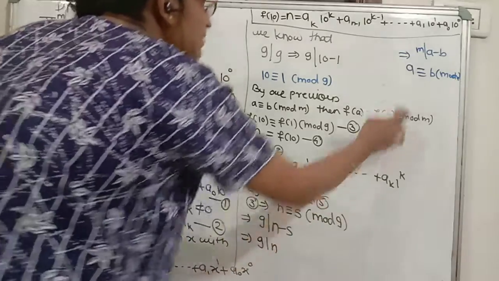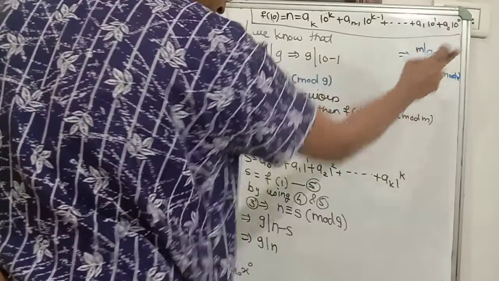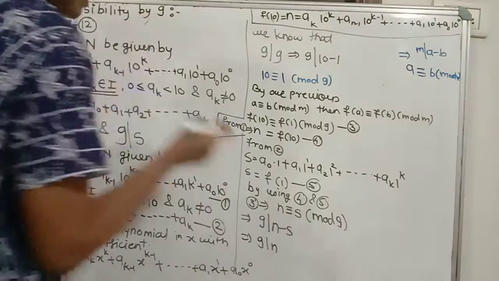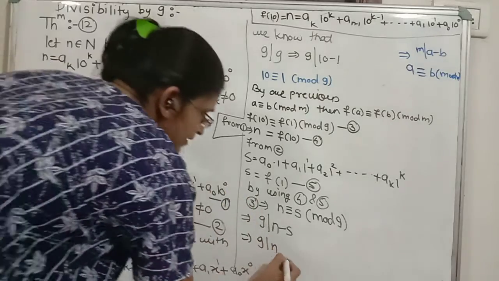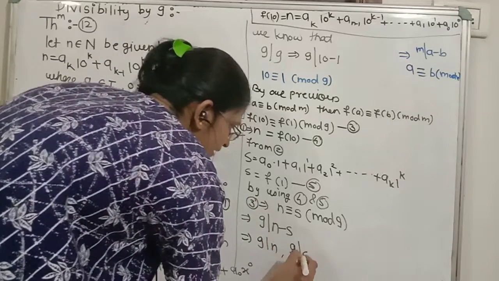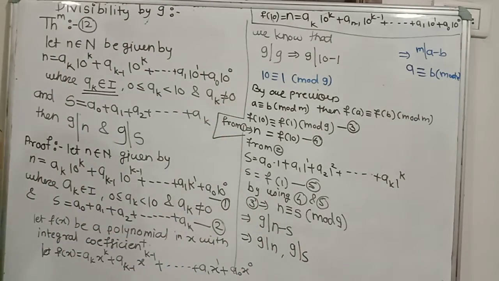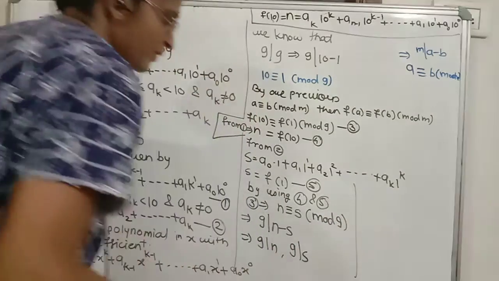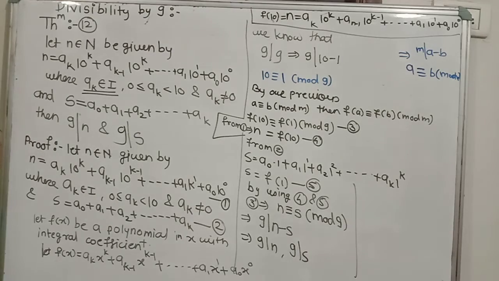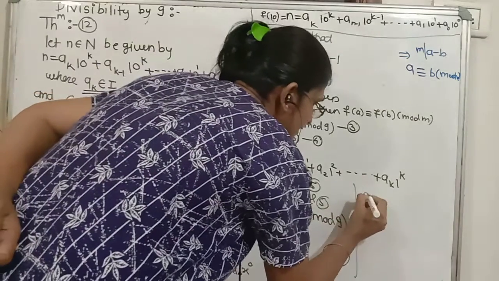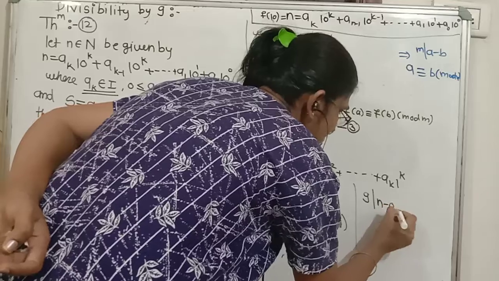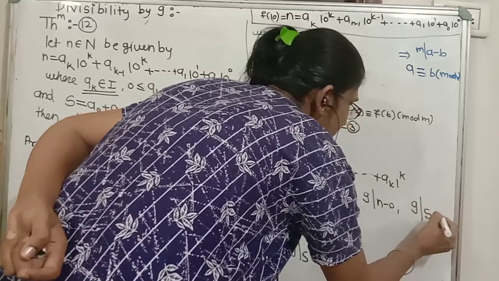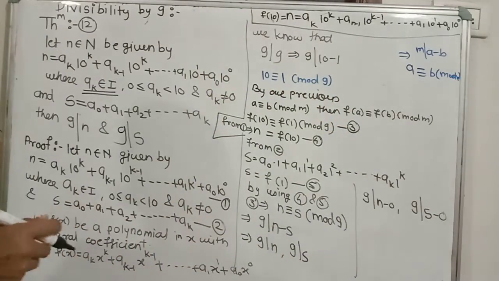We write this step by using this one: if a is congruent to b, then m divides a minus b. In the same way, if n is congruent to s, then we write 9 divides n minus s. Again we have one adjustment: if 9 divides n and 9 divides s, then 9 also divides n minus 0 and 9 also divides s minus 0.